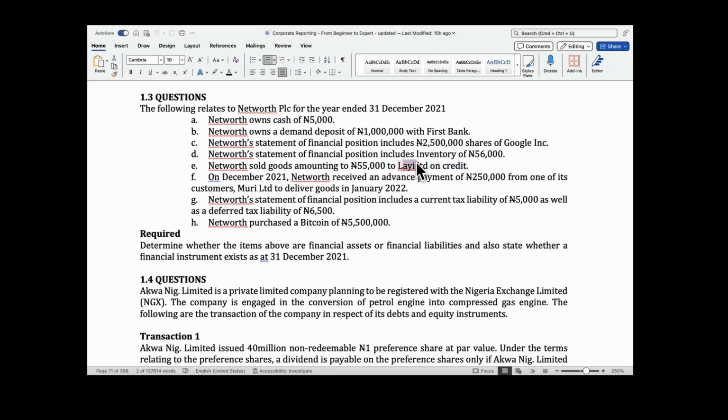While Lie, who is the buyer, will have a financial liability, that is trade payables, which is a contractual obligation to deliver cash. Because we have a financial asset that Net worth has and a financial liability that Lie has, the two sides are complete. There are two parties, so we have a financial instrument contract.